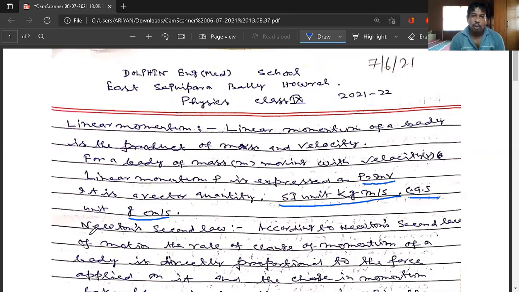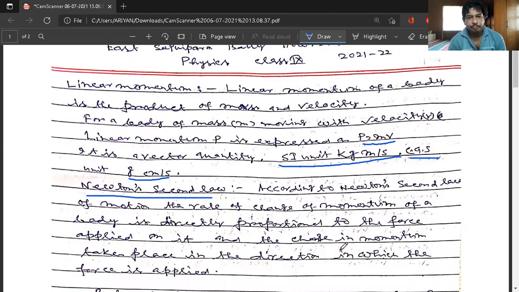Newton's second law. According to Newton's second law of motion, the rate of change of momentum of a body is directly proportional to the force applied on it, and the change of momentum takes place in the direction in which the force is applied. So, what is the second law of motion?